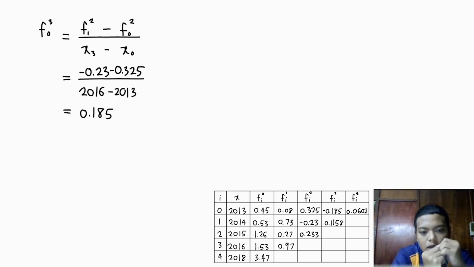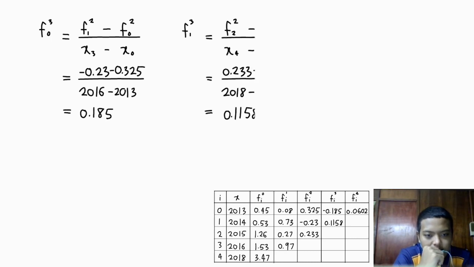For f to the power of 3, I use negative 0.23 minus 0.325 divided by 2016 minus 2013, and you get negative 0.185. And next, for 0.1158, the same: we use 0.233 minus negative 0.23 over 2018 minus 2014, and we get 0.1158.